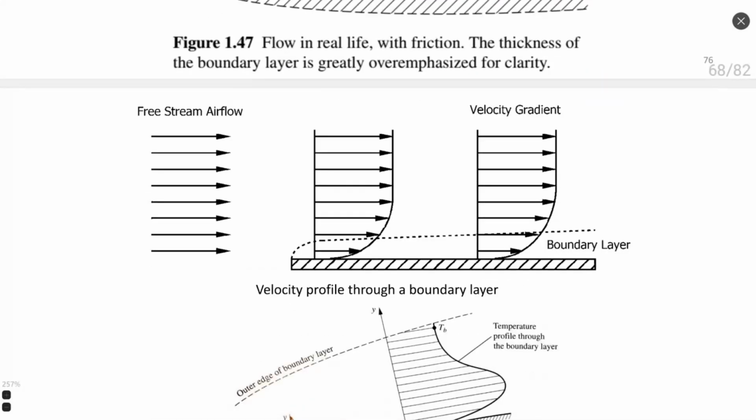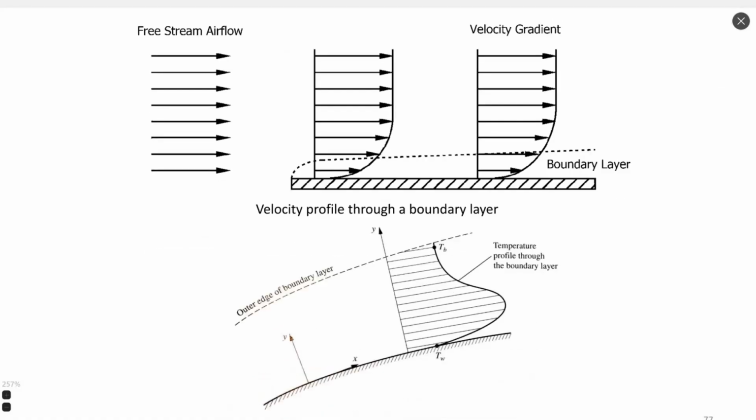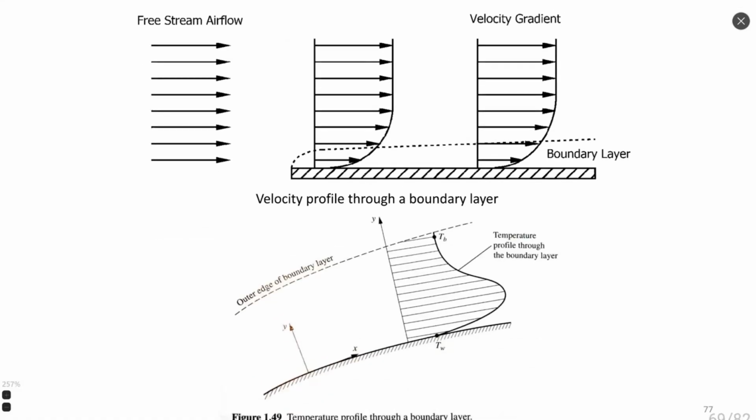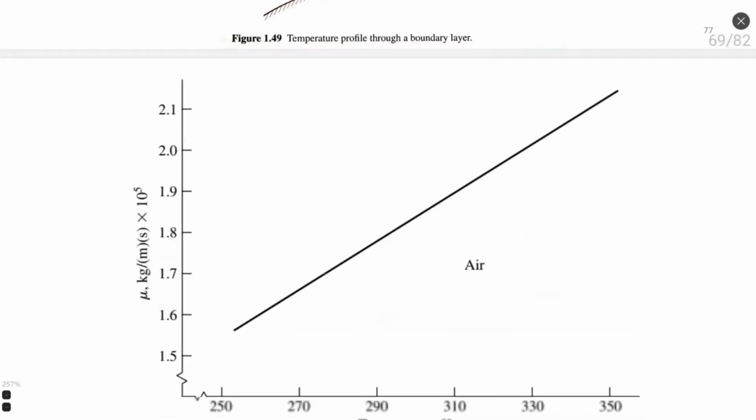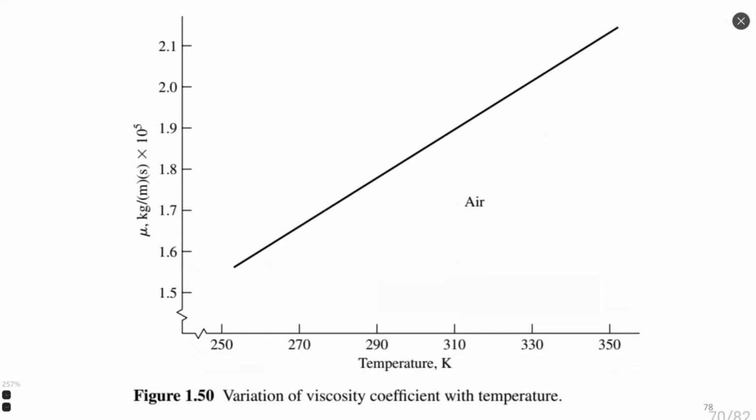Here it is just preliminary, but I hope enough information for you to start understanding at least something. This is what I already told you: thermal boundary layer and velocity boundary layer, dependence on viscosity and temperature. You can see that, for example, for air, with increase of temperature, we have increase of viscosity.